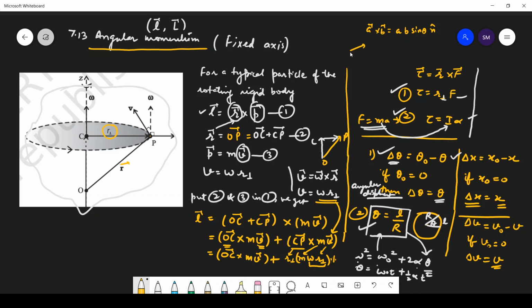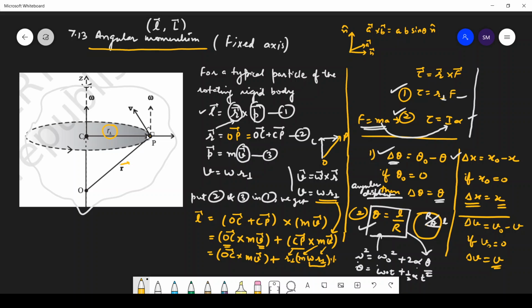You know that if this is A and this is B, then n cap is perpendicular to the plane containing vector A and vector B. Okay, so sine 90 is 1, and then you need to tell the direction by the unit vector, perpendicular to the plane of Cp and V.